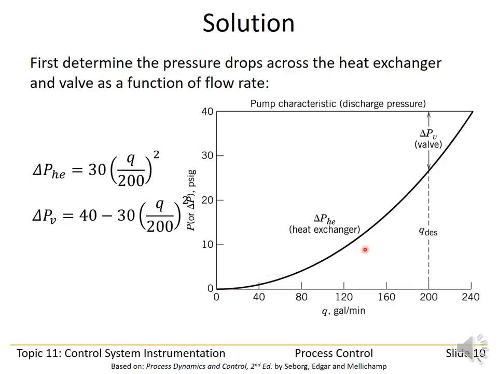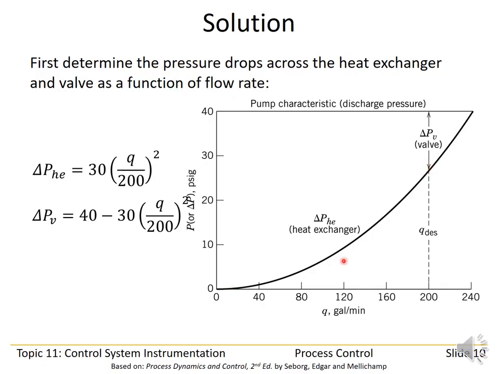This curve shows the pressure drop across the heat exchanger as a function of the flow rate of liquid through the system. And the distance from this curve to this line indicates the pressure drop across the valve. So as the flow rate through the system increases, the pressure drop across the heat exchanger increases, and the pressure drop across the valve decreases.